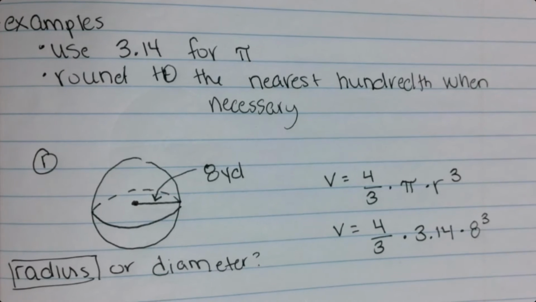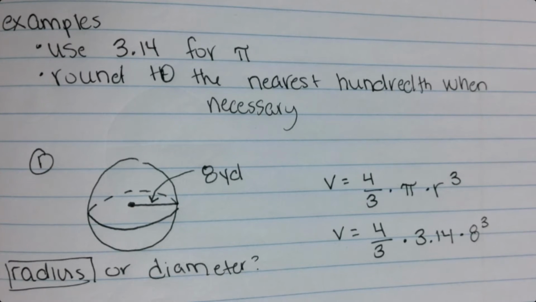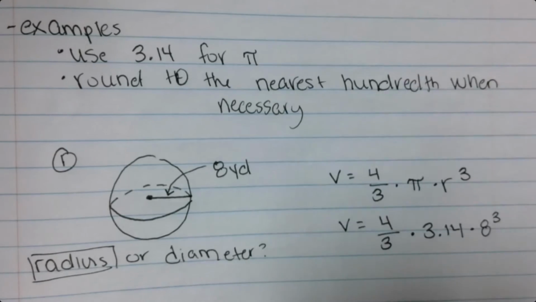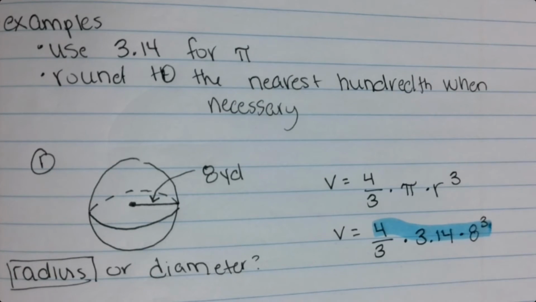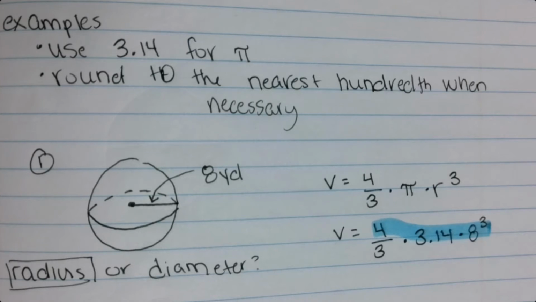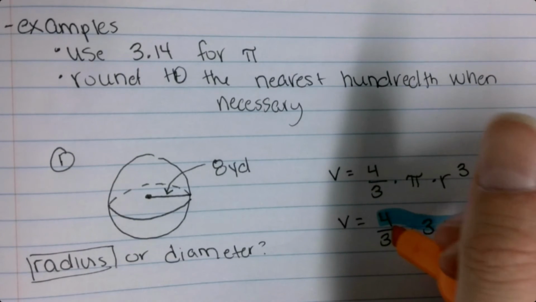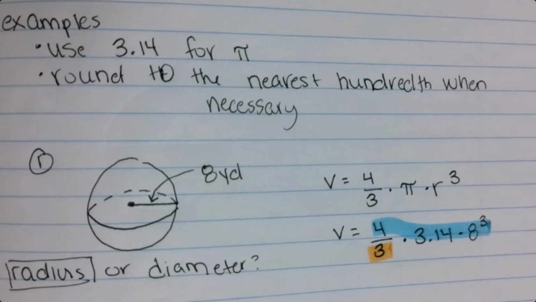So remember when we were doing pyramids and cones, and how we multiplied those numbers and then we divided by the 3 at the end? We're going to use that same sort of technique in this one.